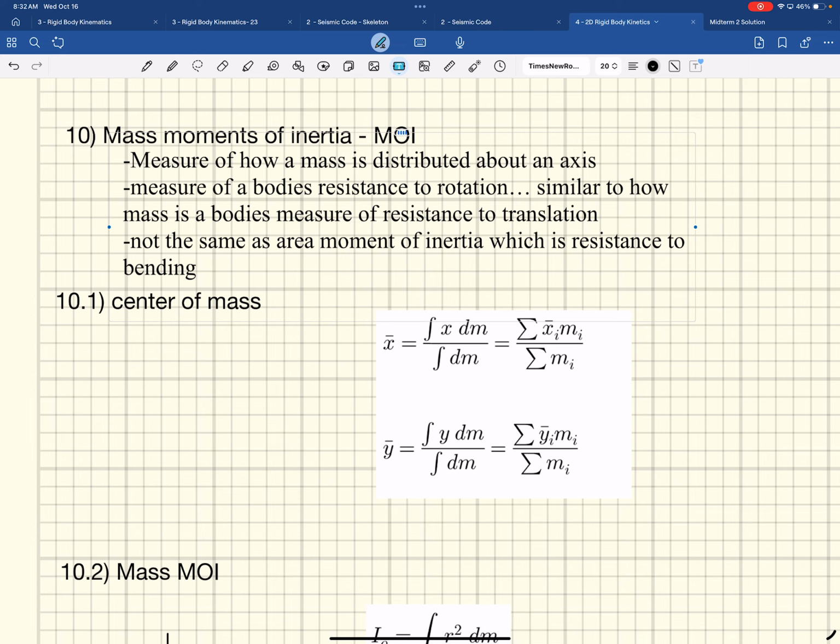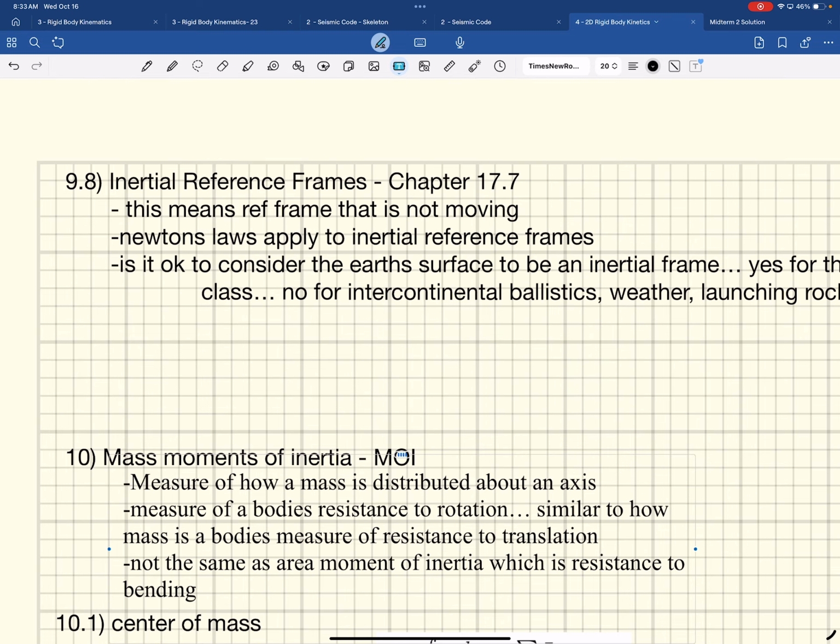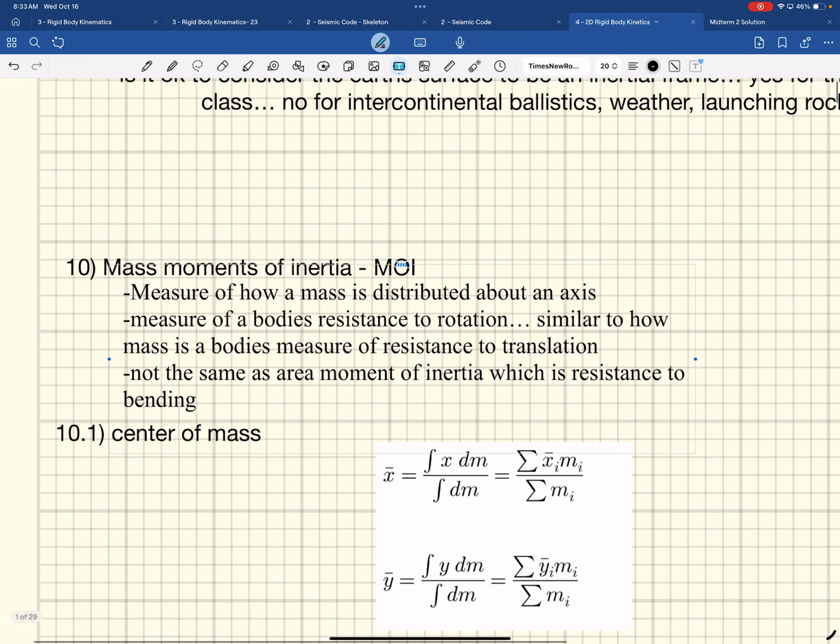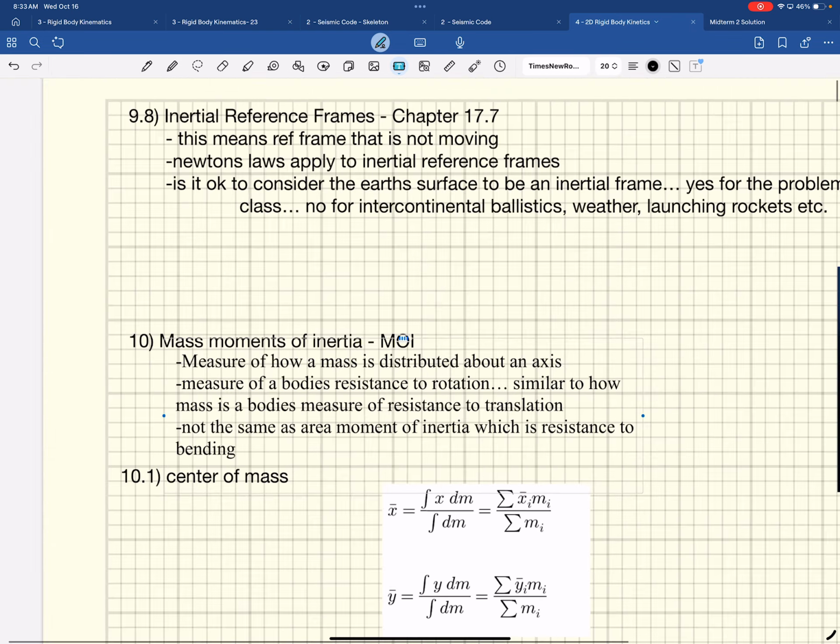You flip it up, and the area is distributed more. It has bigger moment arms, so it's harder to bend. A similar thing is going to be happening here, but this isn't bending. This is rotation. A perfect example of this is a pen or a pencil.